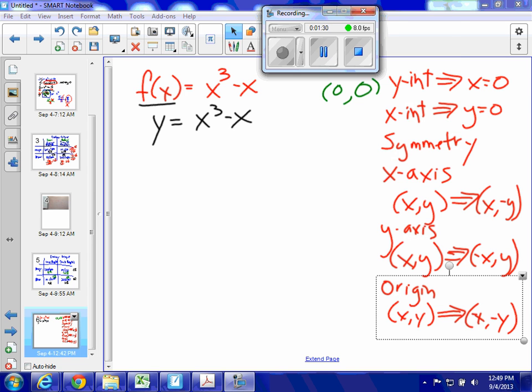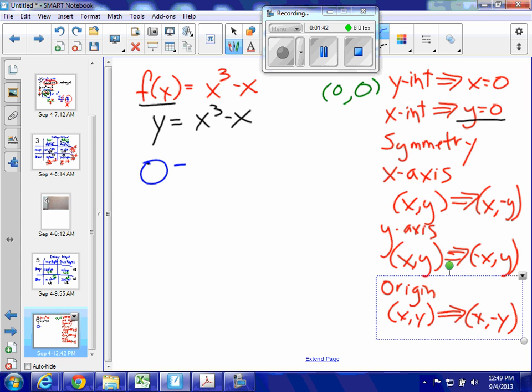Let's find my x-intercept. Well, for the x-intercept, I'm going to set y equal to 0. So I'm going to go 0 is equal to x cubed minus x. So what I'm looking for are my x-intercepts, and I can have multiple x-intercepts. Again, if I made a little graph, every place I intercept the x-axis is a y equals 0.